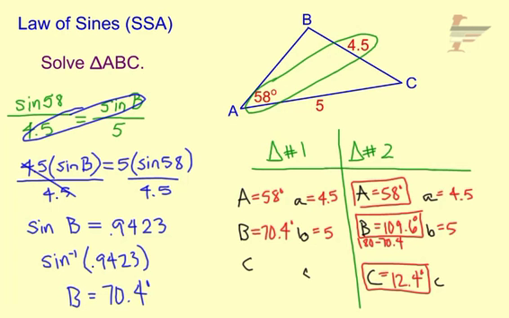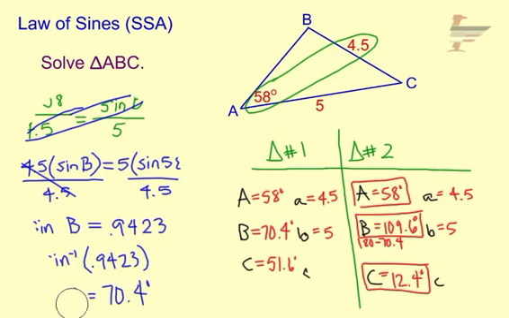If I backtrack for a second and go back to my triangle 1 and finish this one up, since that's what my drawing matches up there, we can get our angle C and our side C. Angle C, when we add the 2 angles and subtract from 180, we get 51.6 degrees. And then to get side C, we'll just go back and do law of sines.